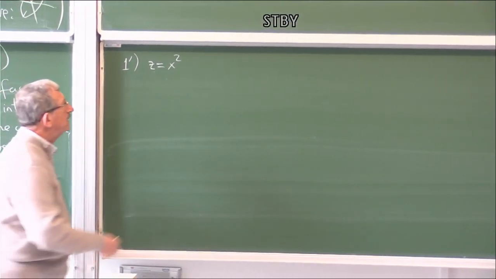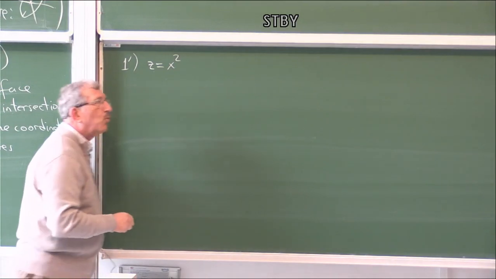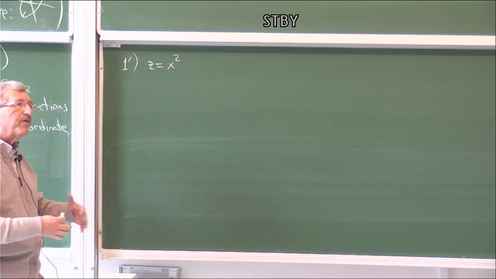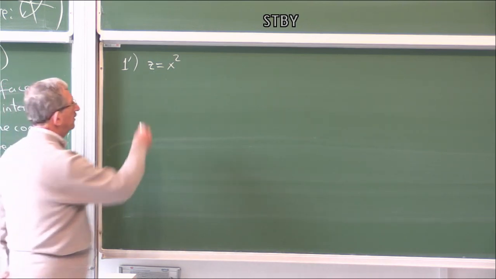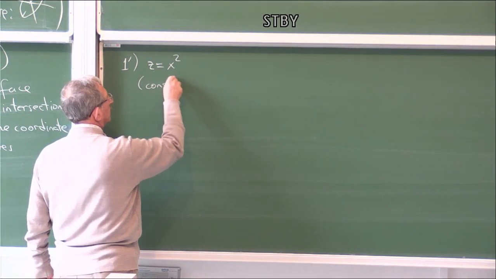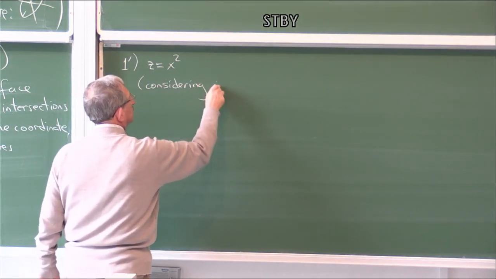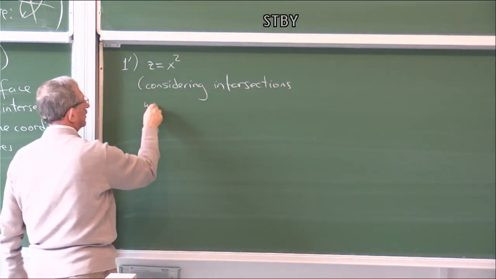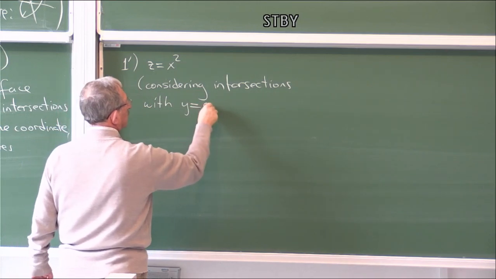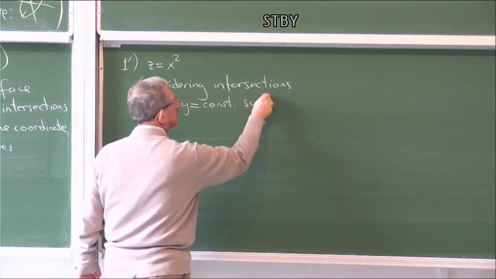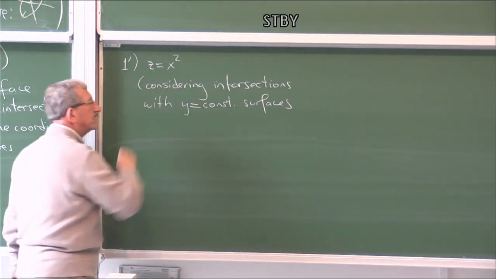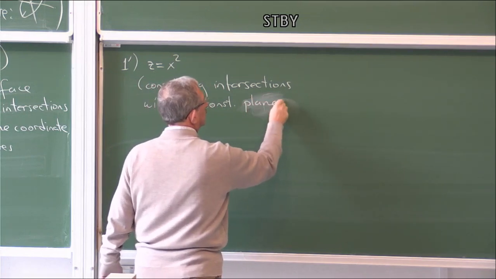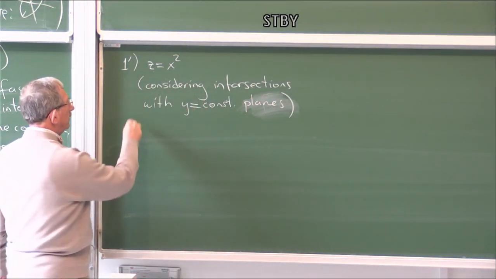That means if we give different values to y, geometrically, we intersect this surface with y equal to constant planes. Considering intersections with y equal to constant surfaces, of course, they are surfaces, but in particular planes, we obtain.